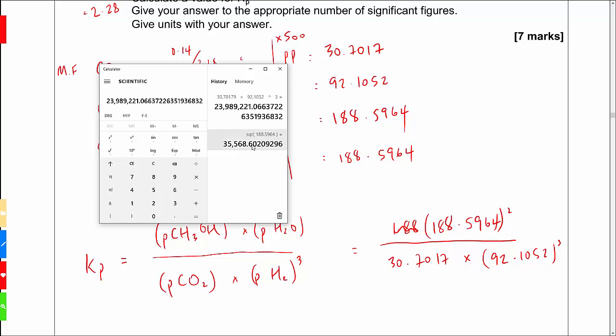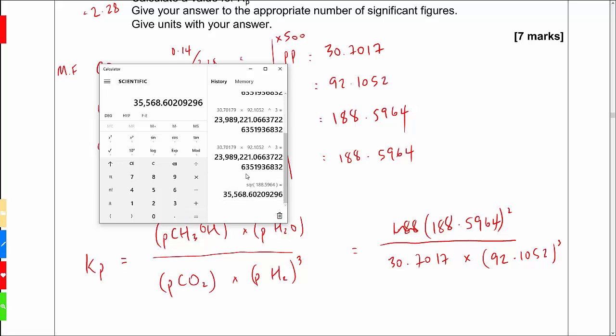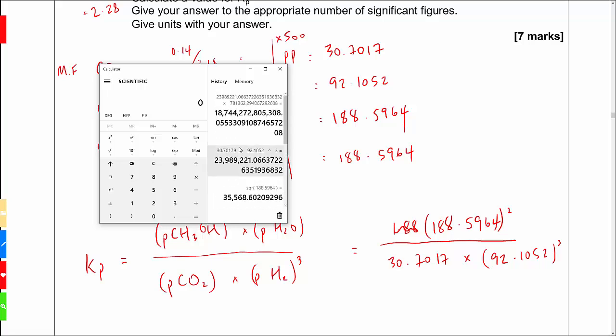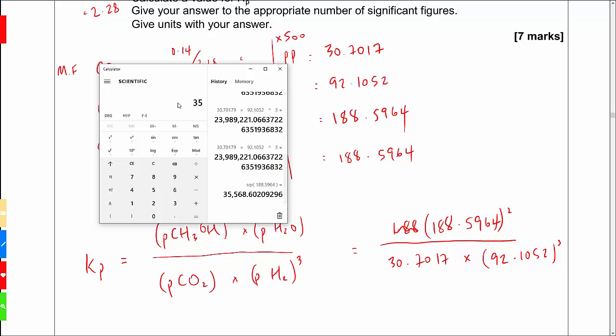So we'll do this number divided by this number. 35,568.602 divided by 23,989,221.066.